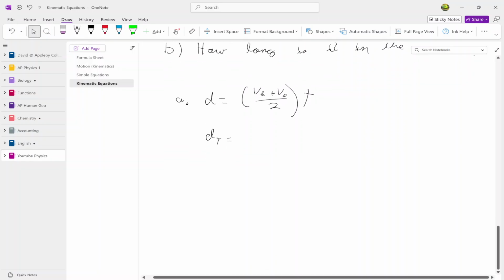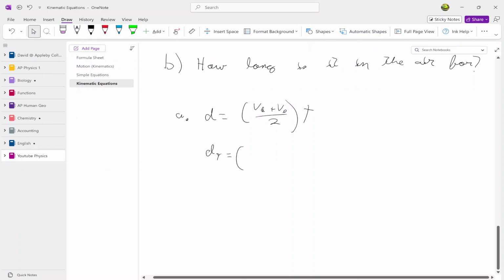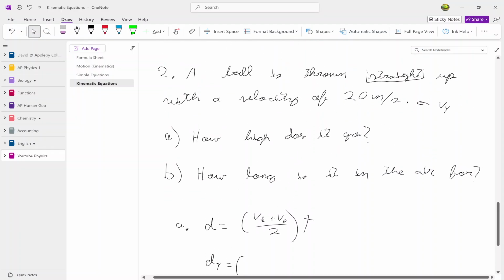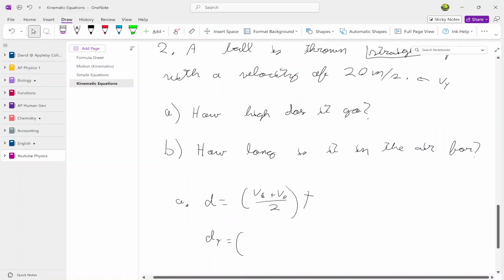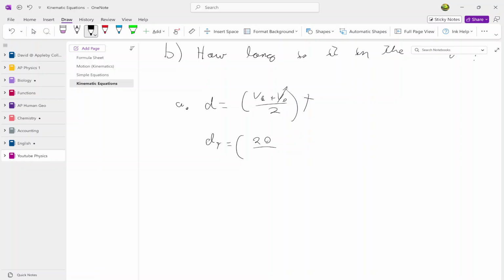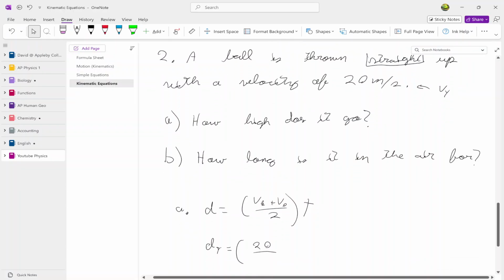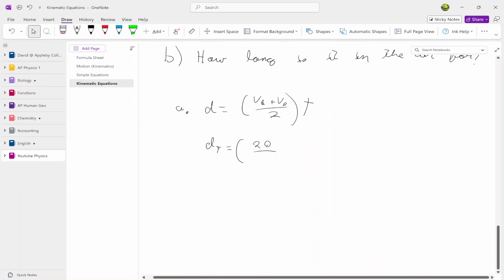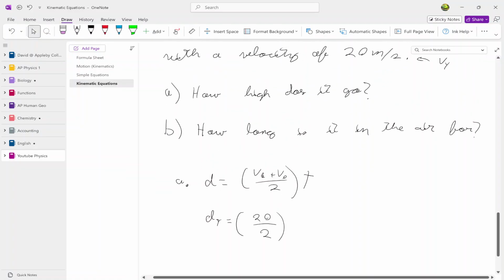So V final, the initial, doesn't matter. We have 20, this equals 0. Actually, they're both equal, really. Divided by 2, and then t.